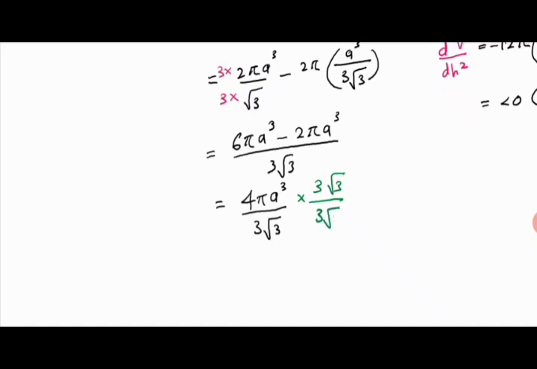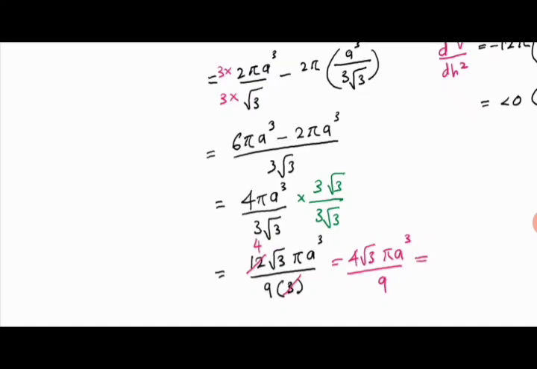We multiply with the conjugate to eliminate the root from the denominator, and then we further simplify. So that is the final and simplest answer. Thank you.